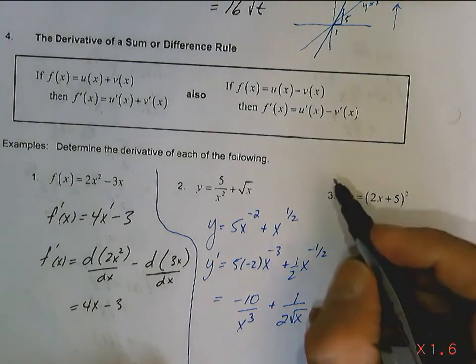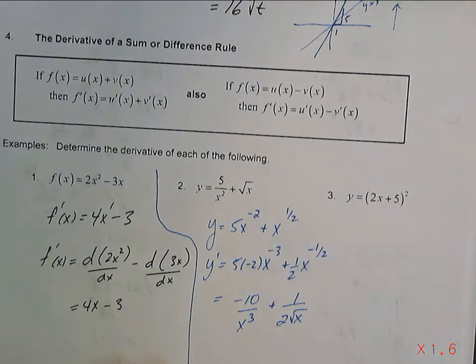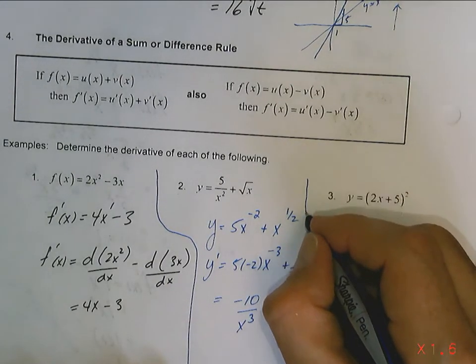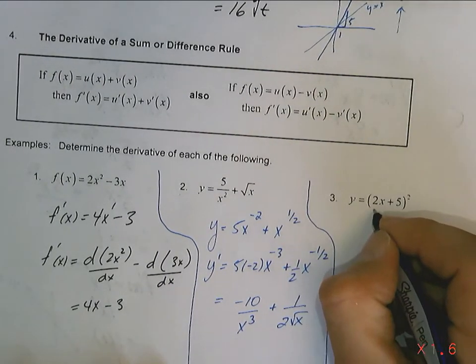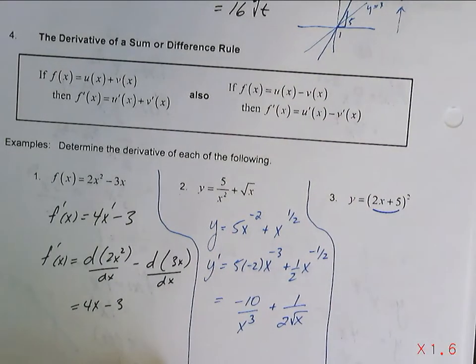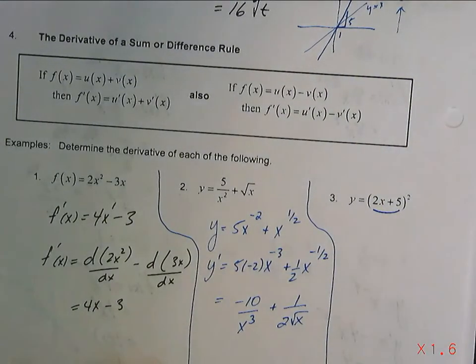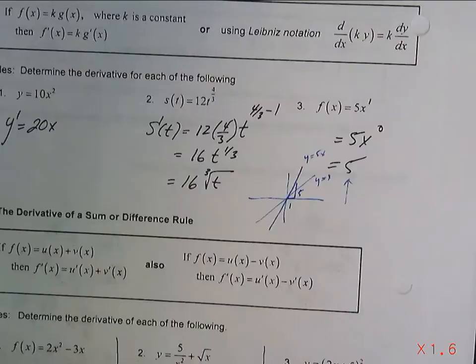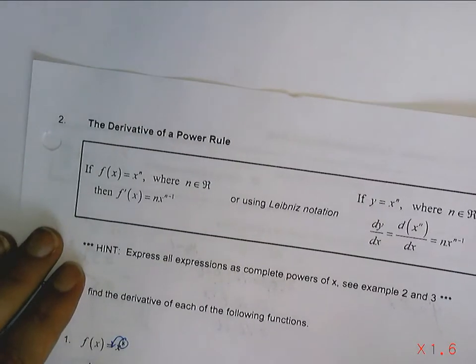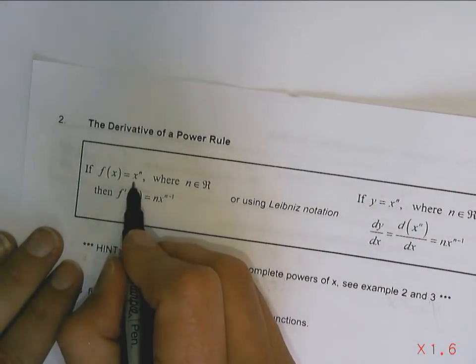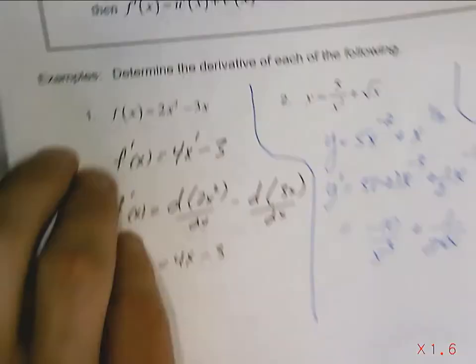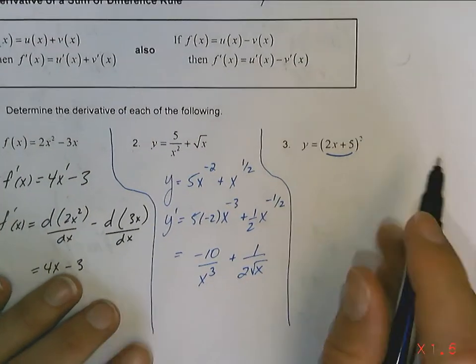The next one you do not know how to do. You may think you know how to do it, but you do not know how to do it because the bottom is not a singular term. The rule that I have is a singular base. You do not have a singular base.